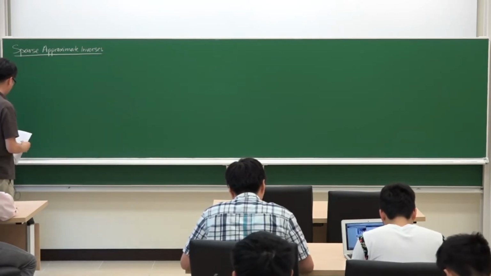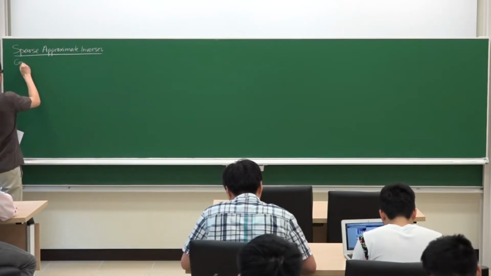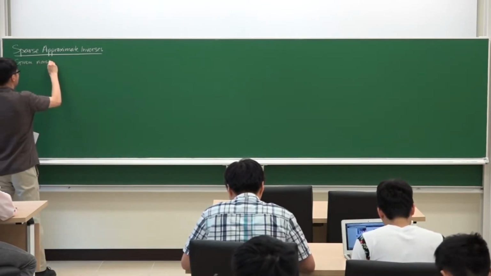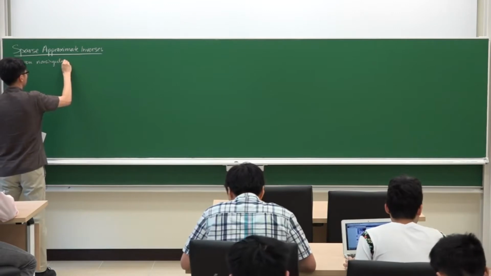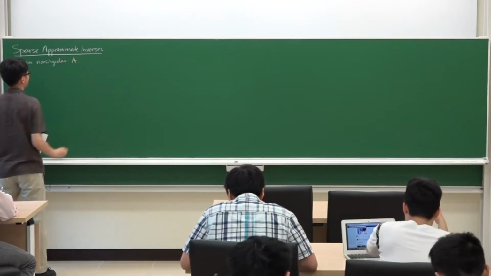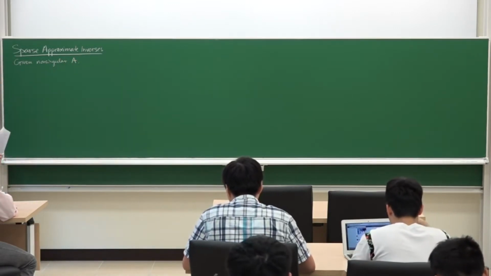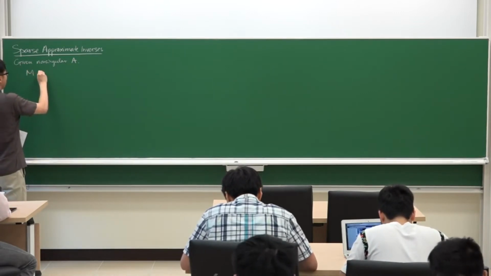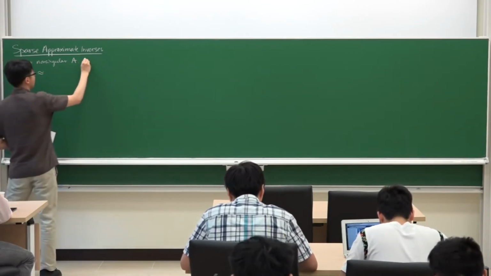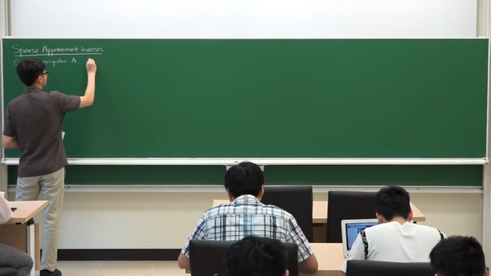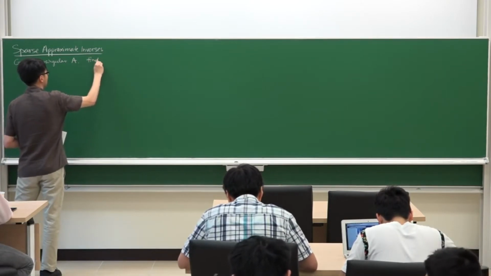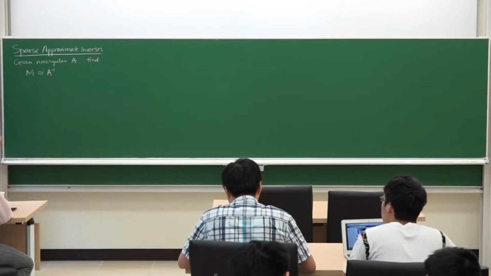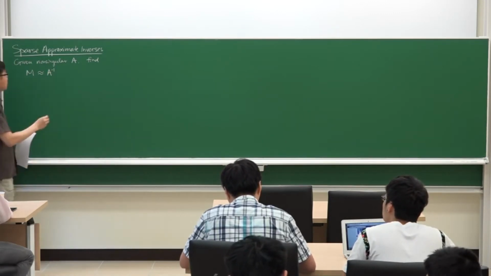If we're given a matrix A, let's say non-singular A, we're going to try to find a matrix M that approximates the inverse of A, such that M is sparse.